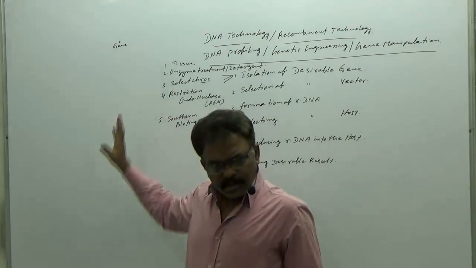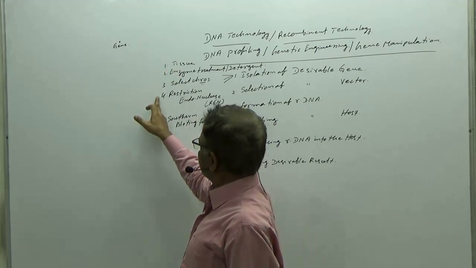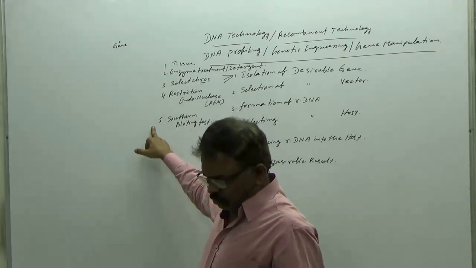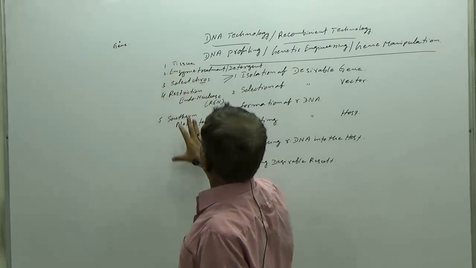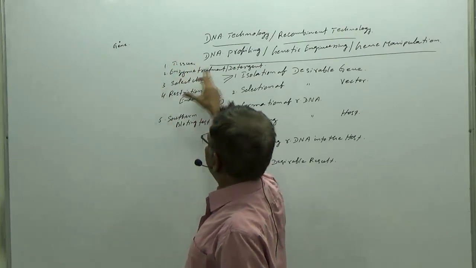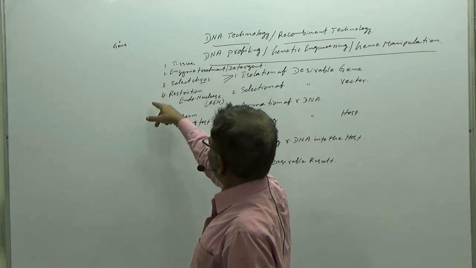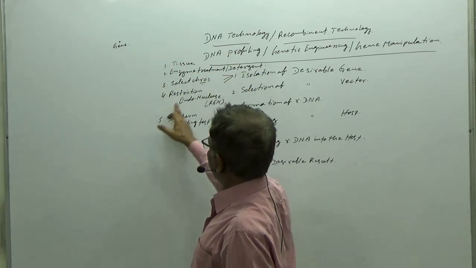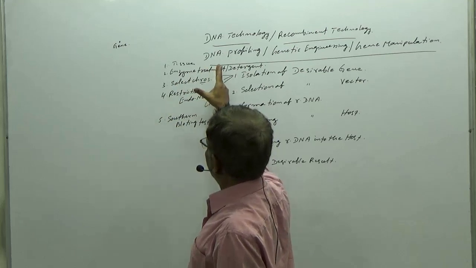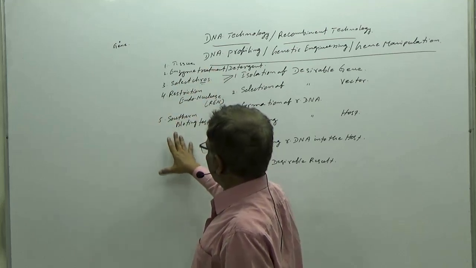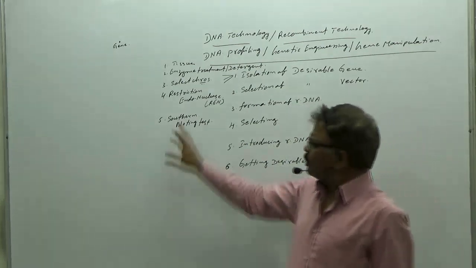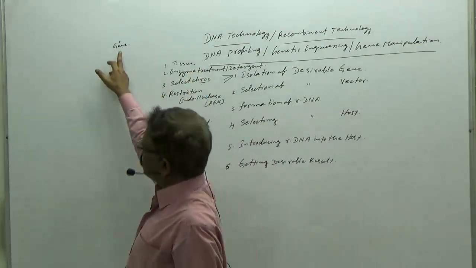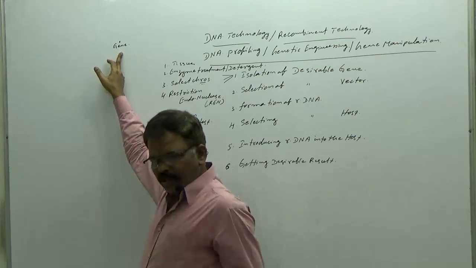We know this one already. The restriction endonuclease is the gene cutter, and this is the gene confirmative test. So after collecting some tissue, after enzymatic treatment, they select the chromosomes, then by using restriction endonuclease they cut the specific gene, and finally they confirm by using the Southern blotting test. This is the procedure involved in extracting the gene.